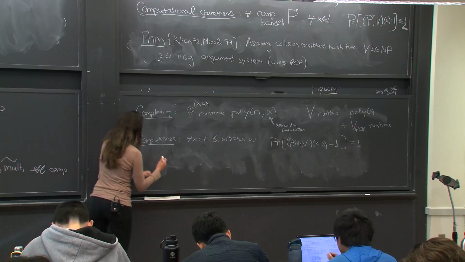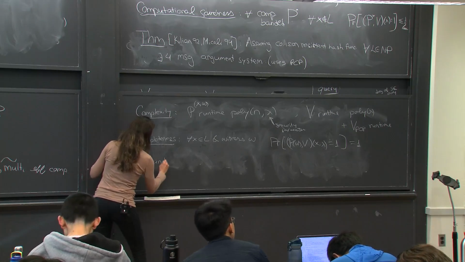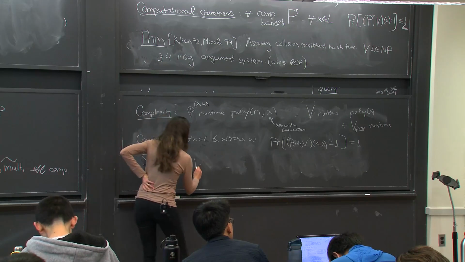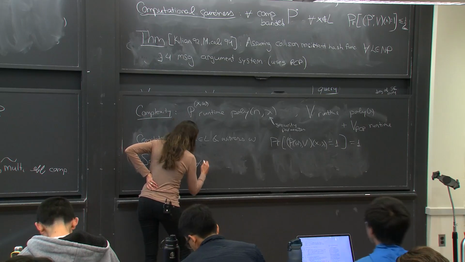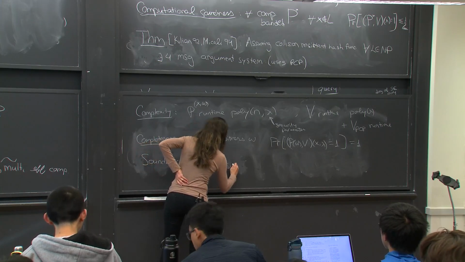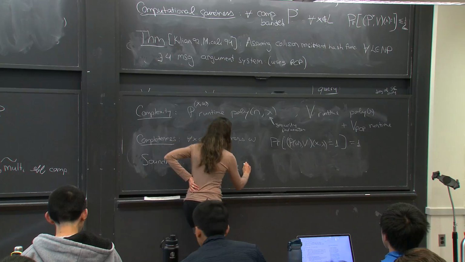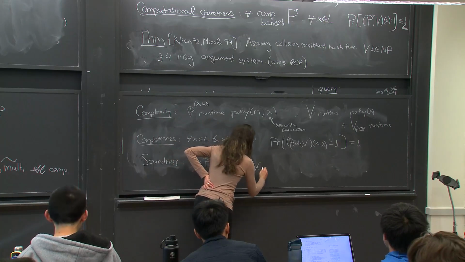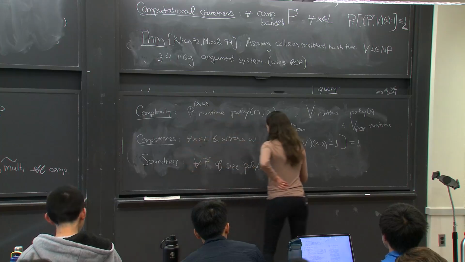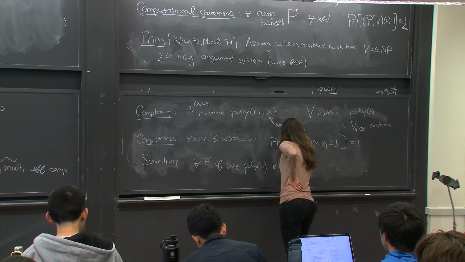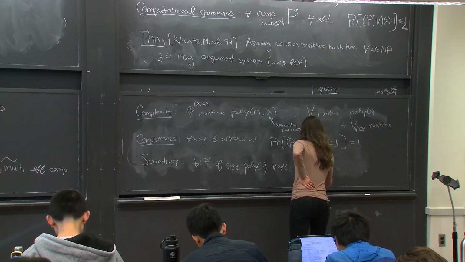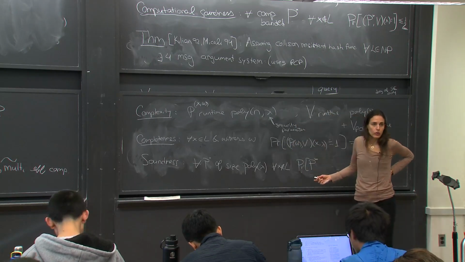What about the soundness? Soundness says that for any P star of size, you can say for instance, poly lambda, poly in the security parameter, then for every X not in the language, the probability that P star, who now doesn't have a witness because X is not in the language, this is a cheater.